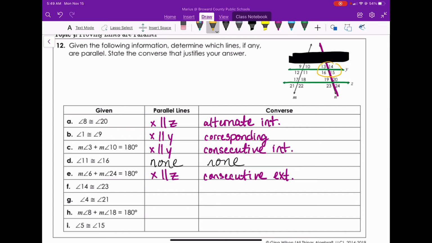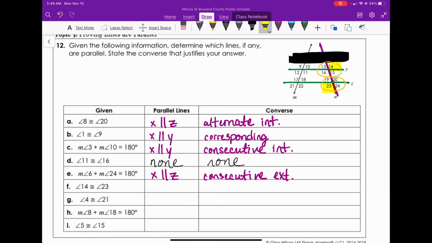We're just looking at these two parts here, and we want to focus on 14, which is right here, and 23. So 14 and 23 are outside the two parallel lines, the two green lines. So they're exterior angles.